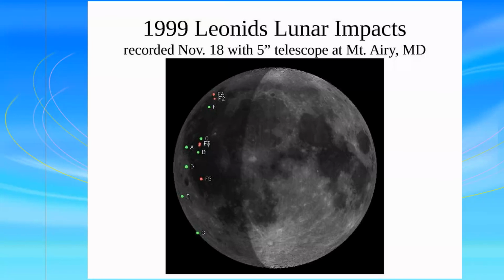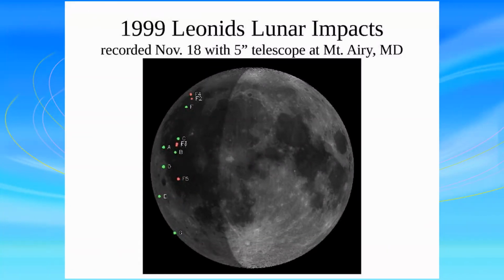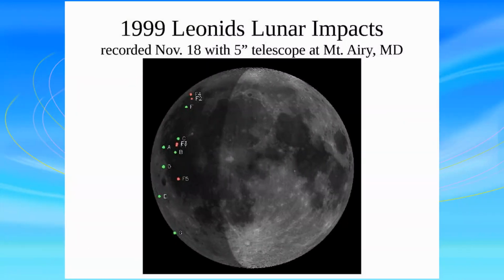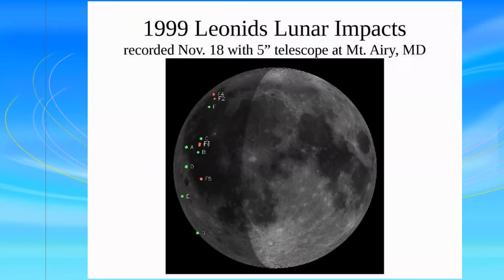I just want to mention, because we aren't going to mention it in other parts of the lecture too much, another activity that IOTA has some experience with, which is impacts of meteors on the moon. In fact, IOTA was the first to get confirmed video observations of lunar meteor impacts.